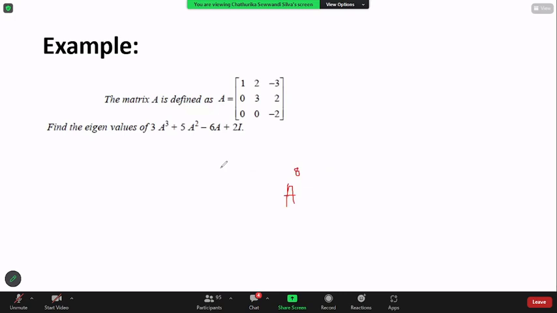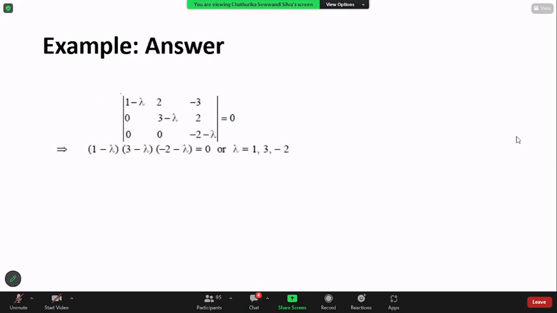I will show you at the end of this lecture how you can do that type of calculation. So that is one easily understandable example of the importance of finding eigenvalues.